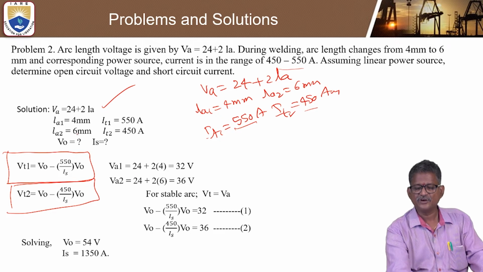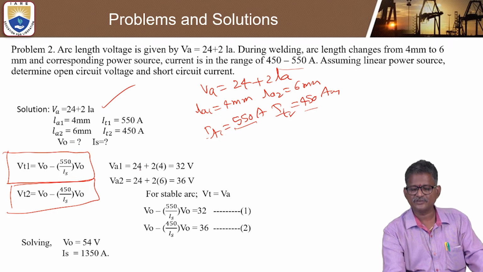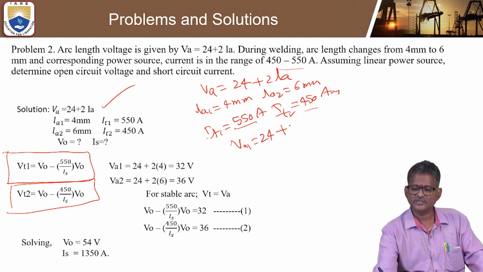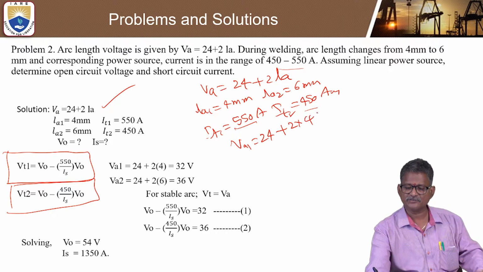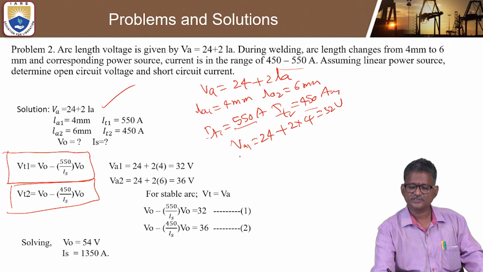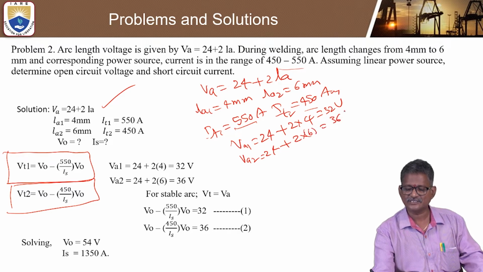VA1 is equal to 24 plus 2 into 4, since 4 mm is given initially, so you will get 32 volts. Similarly VA2 is equal to 24 plus 2 into 6, so you will get 36 volts.